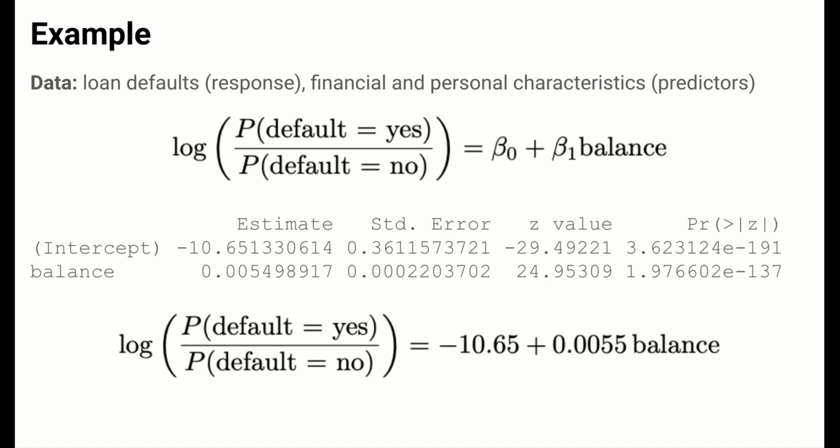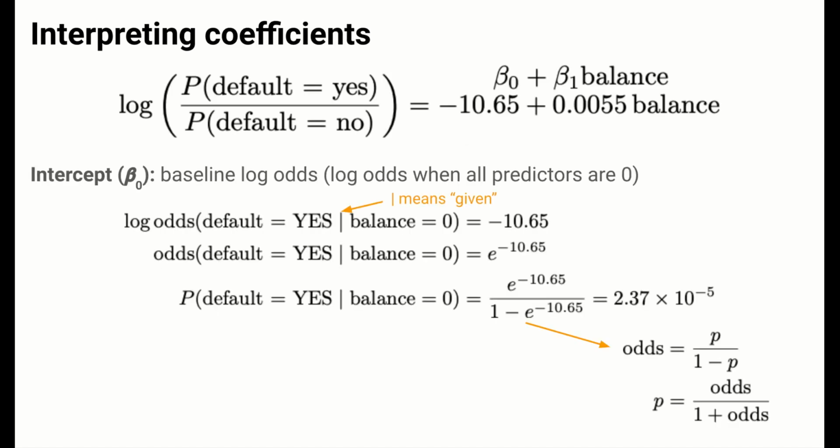Let's go over what these numbers mean. The intercept beta 0 is interpreted as a baseline log odds, the log odds of defaulting when all predictors are 0. So the log odds of defaulting when credit card balance is $0 is negative 10.65.